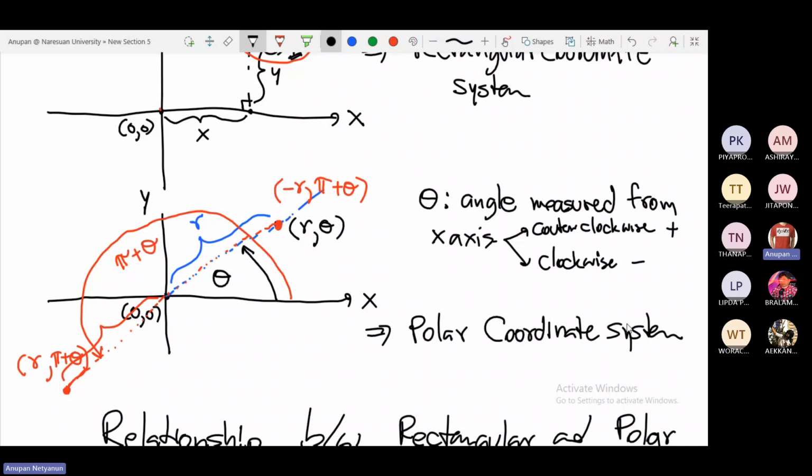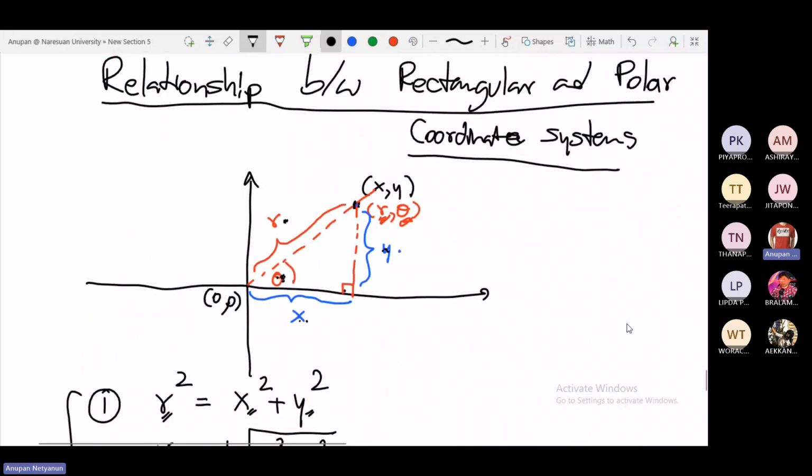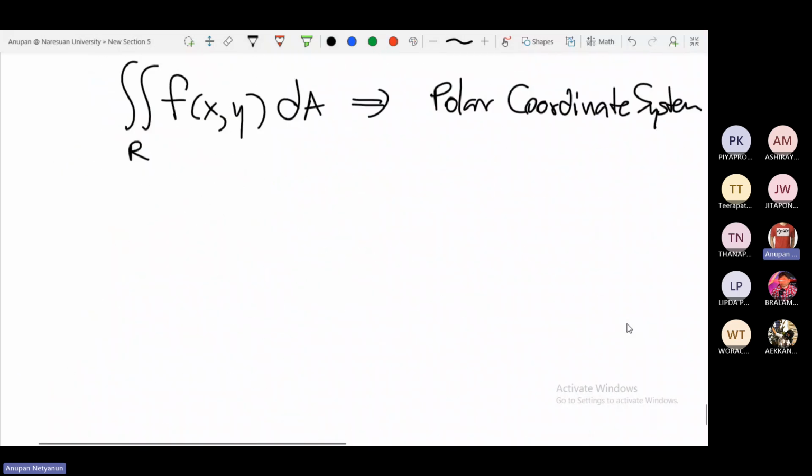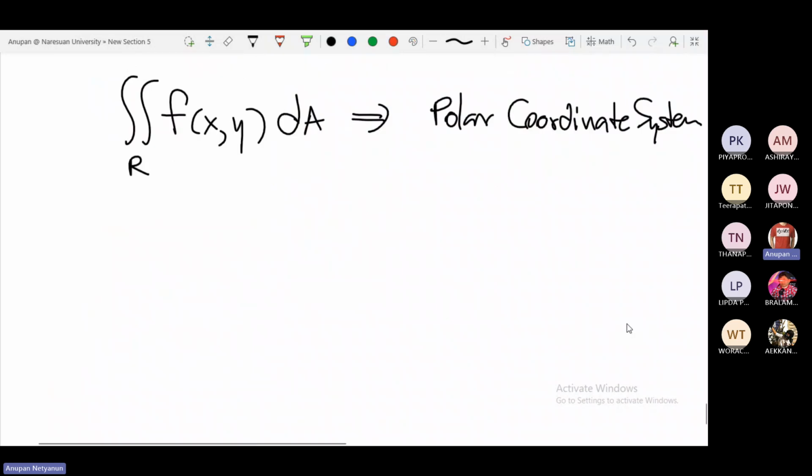It might not be good for something that has straight lines and sharp corners like a rectangle. A rectangle is more suitable for the rectangular coordinate system; this one is suitable for curved, round shapes.